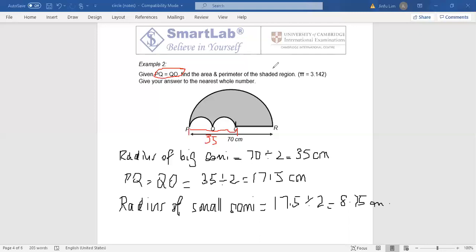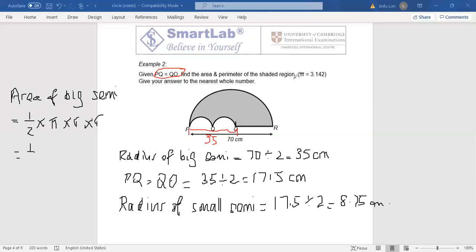Now we can go ahead and find the area. We'll find the area of the big semicircle first. Since this one is a semicircle, you just take half times pi times r times r.